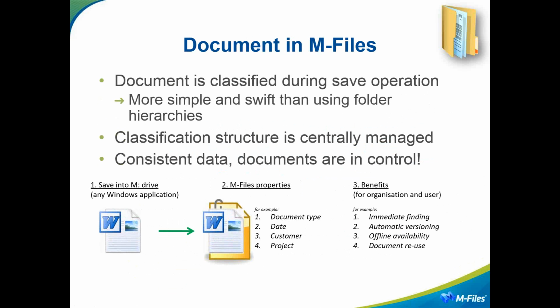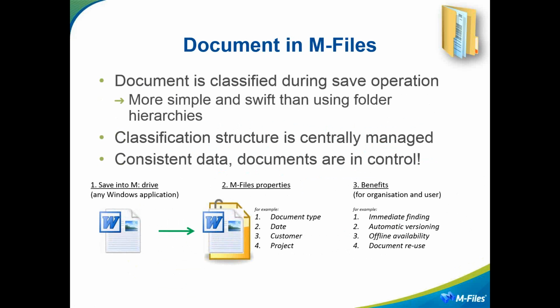We've talked about the automatic versioning. If I open that file and make changes to it, it will retain version 1 and then allow me to still have version 2, 3, 4, etc., up to as many versions as I want, but it is not taking up a huge amount of disk space as it does that. I also have offline availability, so any of these files that are available on the network through M-Files, I can make them available offline if I were on my computer at a place where I did not have internet access.